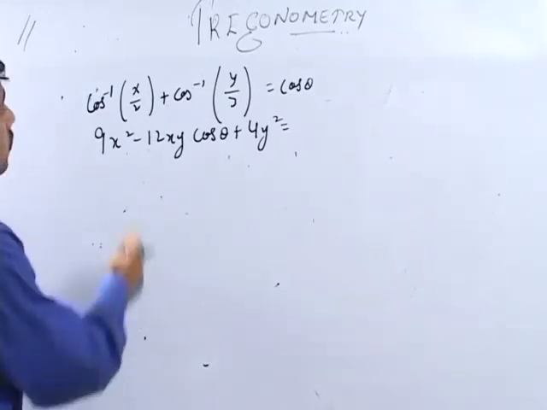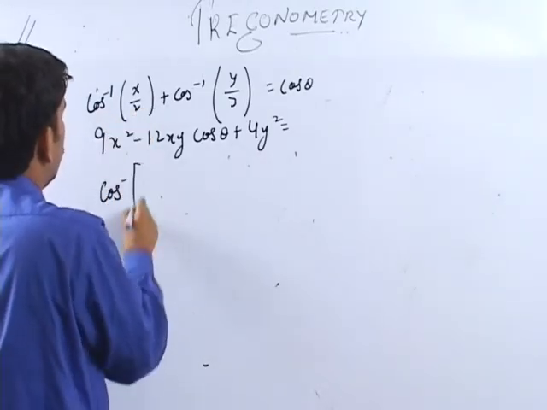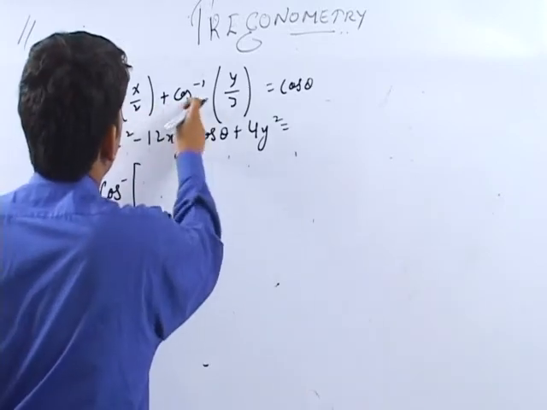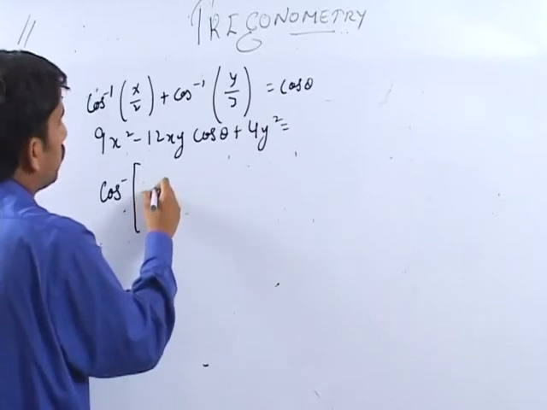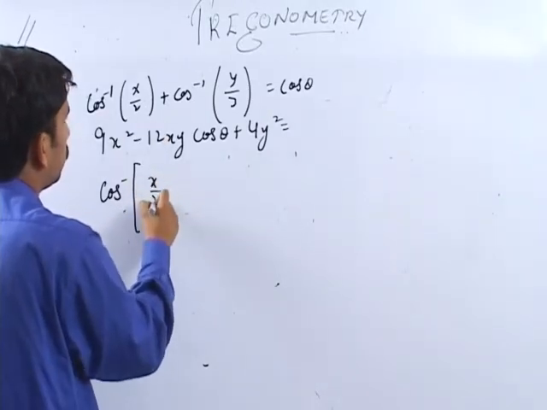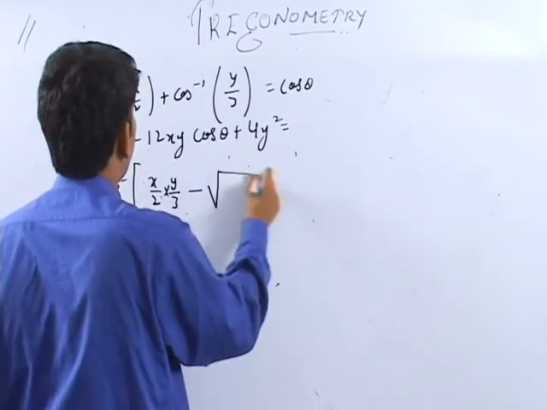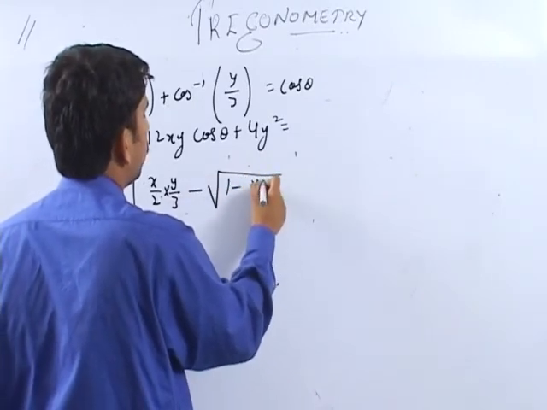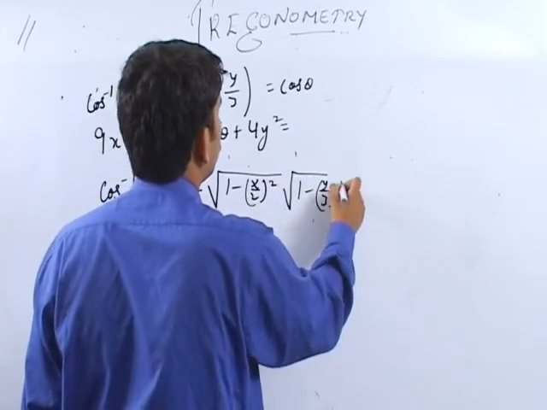Now to solve this, first of all we will write cos inverse x by 2 plus cos inverse y by 3 as cos inverse of x by 2 times y by 3 minus under the root 1 minus x by 2 the whole square, under the root 1 minus y by 3 whole square.